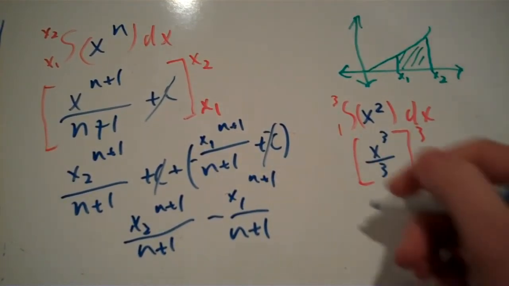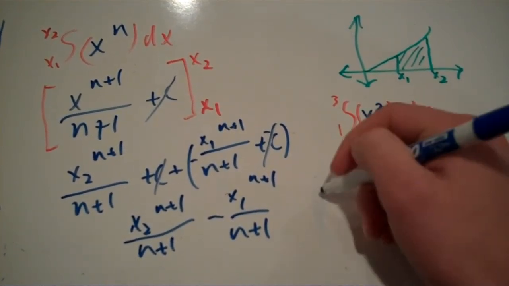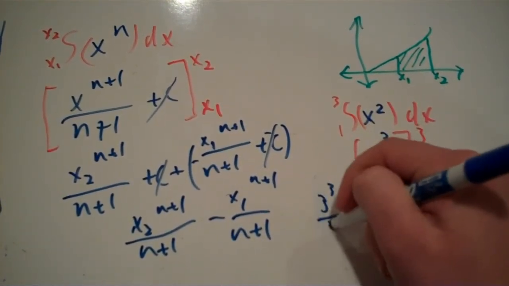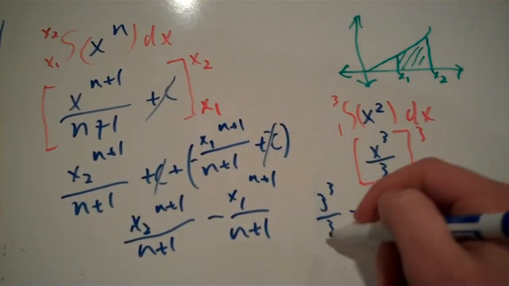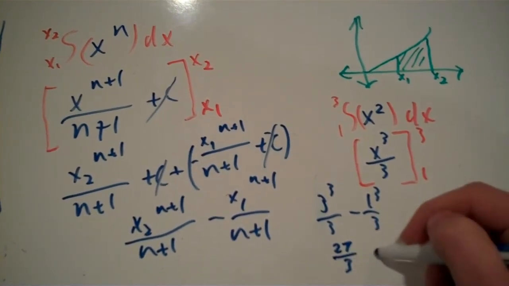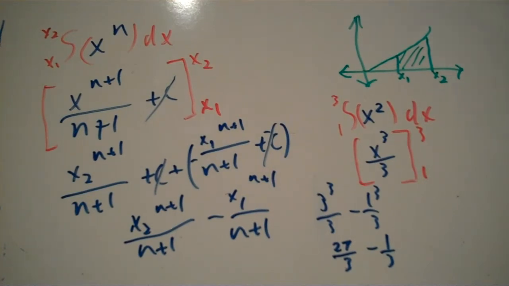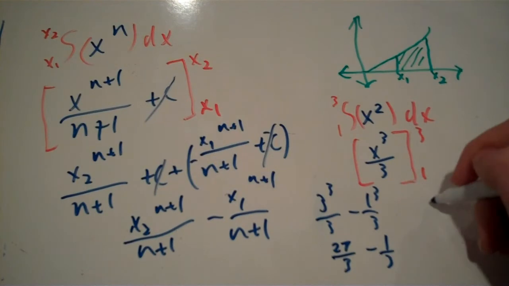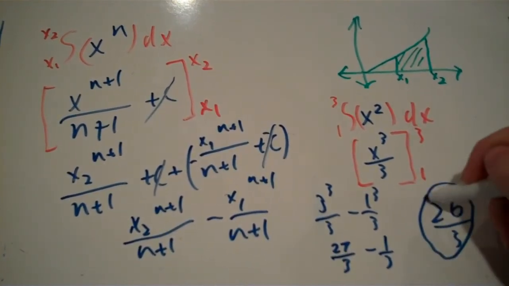So now plugging that 3 in, that gives us 3 cubed over 3 minus 1 cubed over 3. Now 3 cubed, that's 27 over 3, and then that's minus 1 over 3, because 1 cubed is just 1. Now, 27 thirds minus 1/3 is 26 thirds, or 26 over 3.